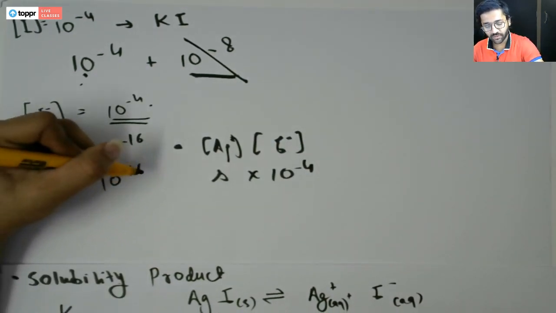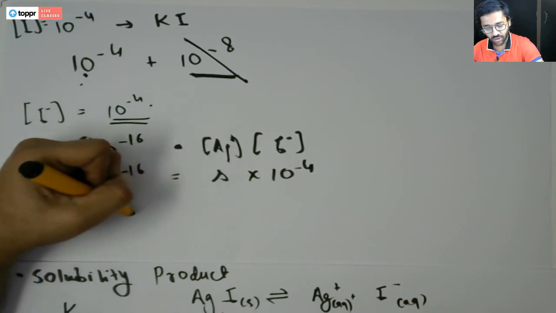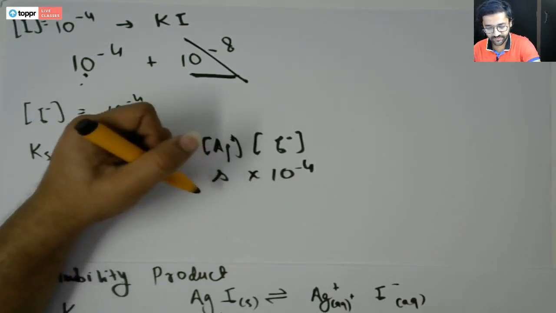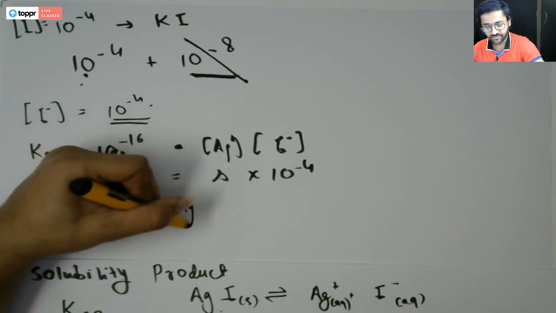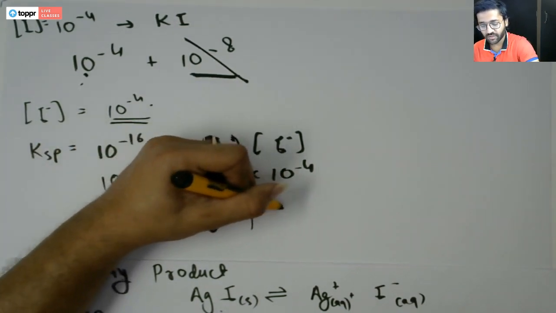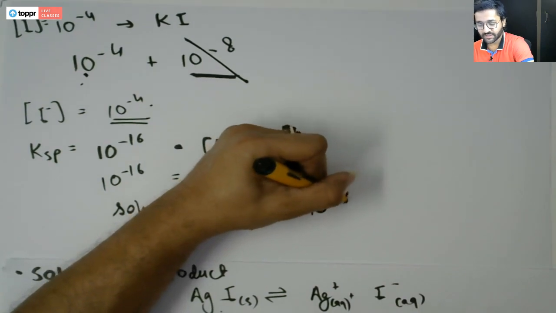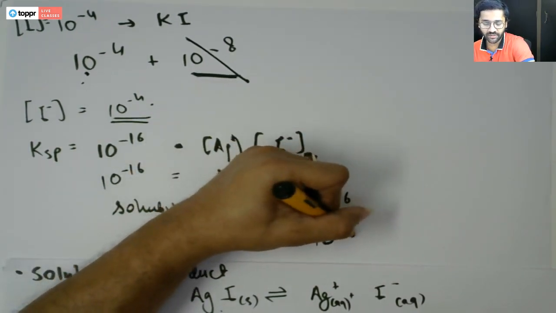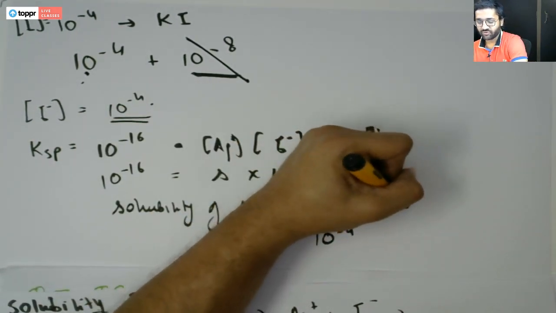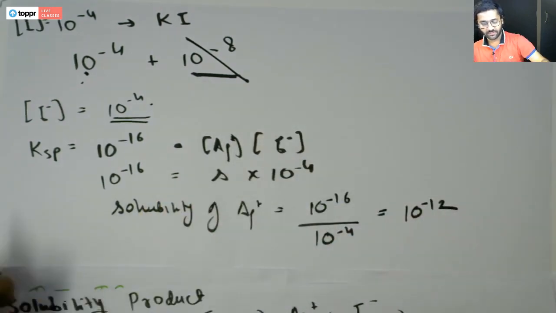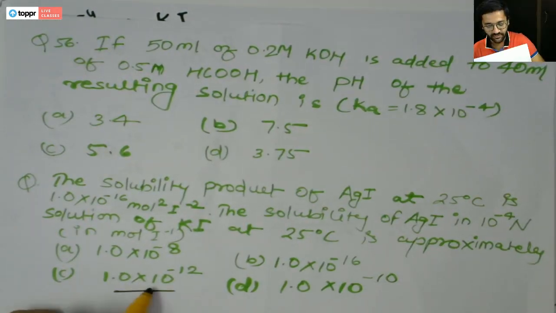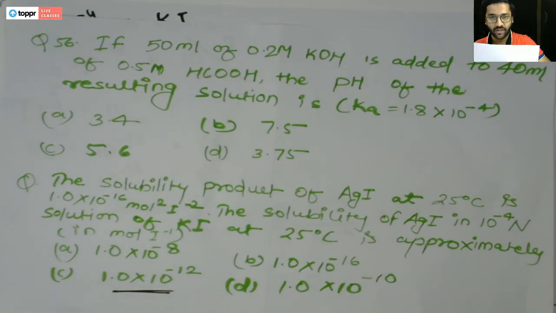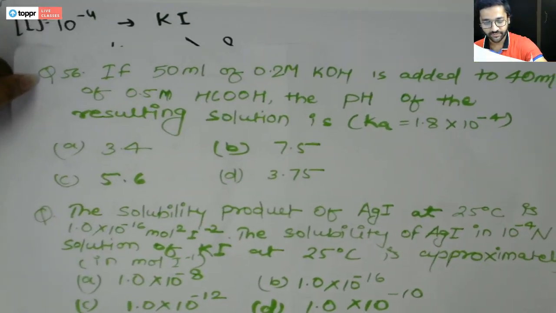This whole thing will be equal to 10 to the power minus 16. So the solubility of Ag plus will come out to be 10 to the power minus 16 upon 10 raised to the power minus 4, which will be 10 to the power minus 12. This will be our answer to the question.